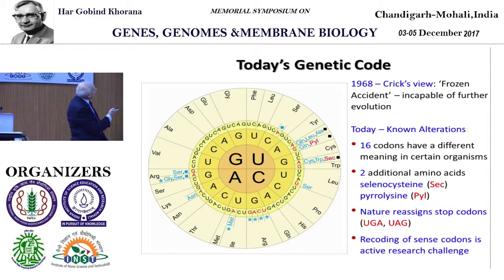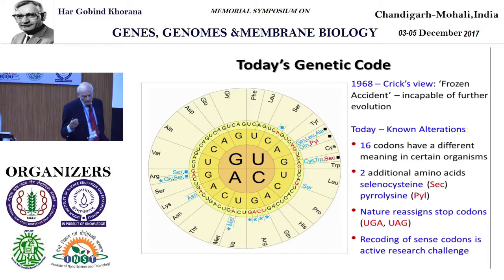So, what do we know about today's genetic code? Crick in 1968 assumed that the code is a frozen accident incapable of further evolution. The question really was, how did the genetic code evolve? And it's very clear, if the code evolves, it has to go via mutations in codons.